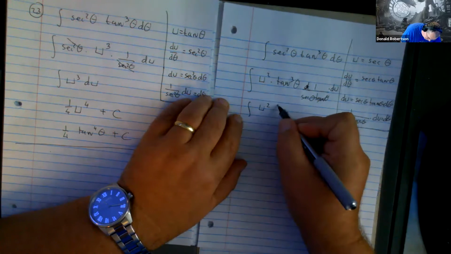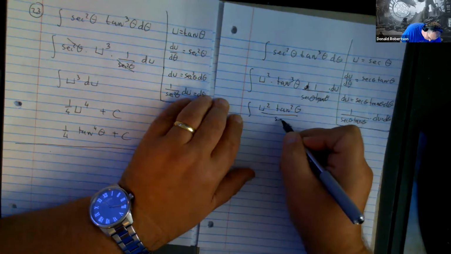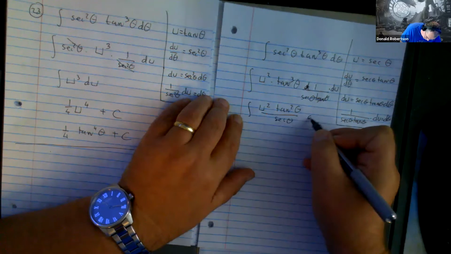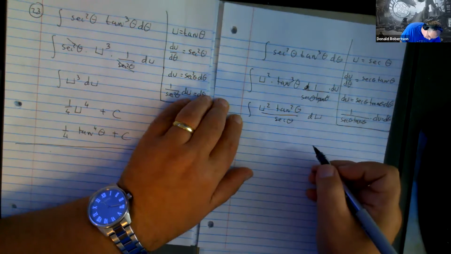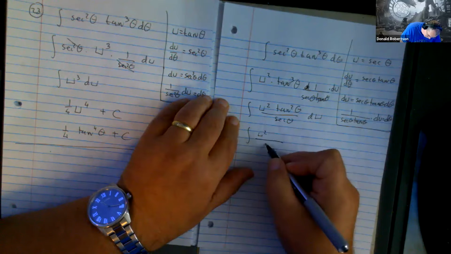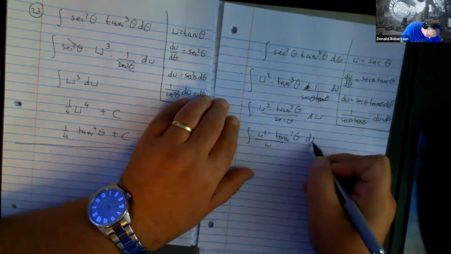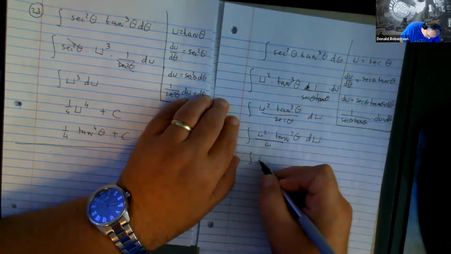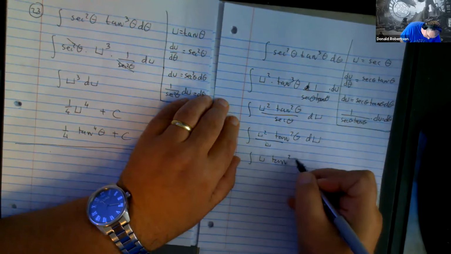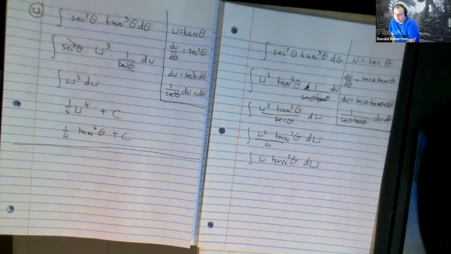I get u squared tan squared theta over secant theta du. So you try fighting it a little bit more and you say, oh, wait a minute, that could be a u. And you get u squared over u, tan squared theta du. I guess I could cancel a u. But no matter what I do, you see that you kind of end up with some thetas left over?